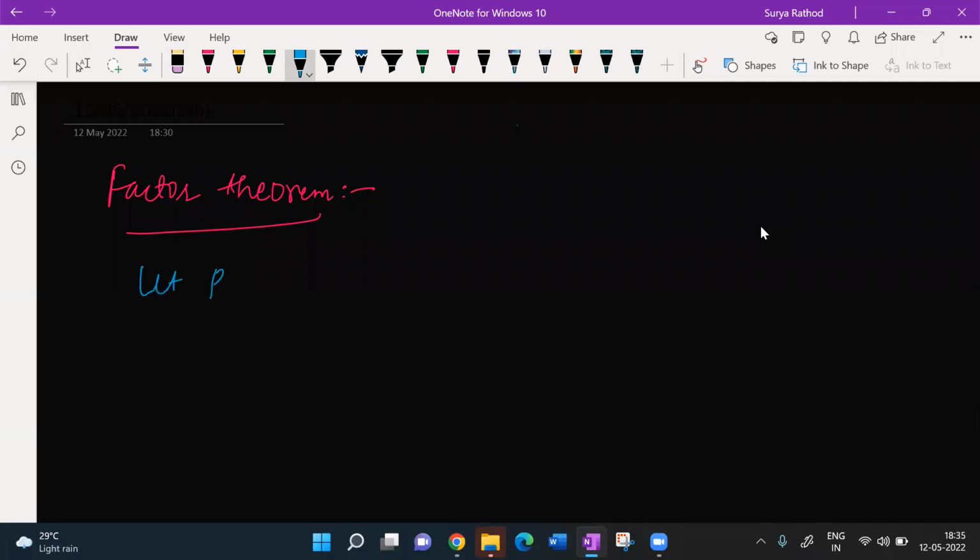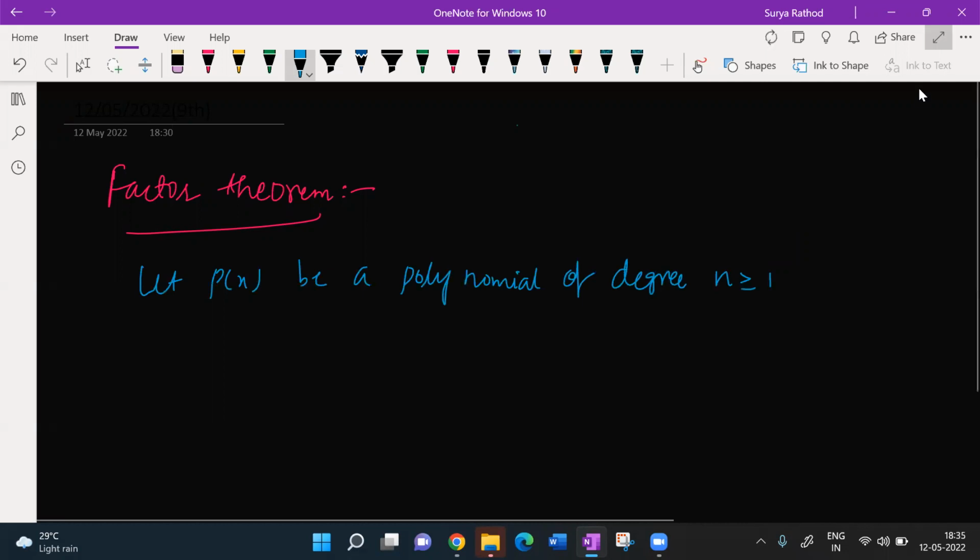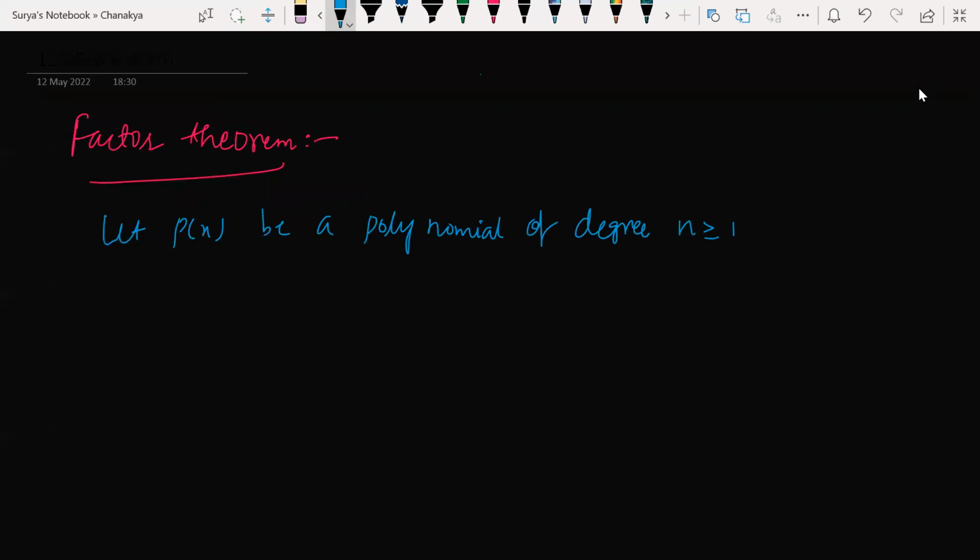First of all, let p of x be a polynomial of degree n greater than or equal to 1, which means the degree can be 1 or more than 1, and let a be any real number.